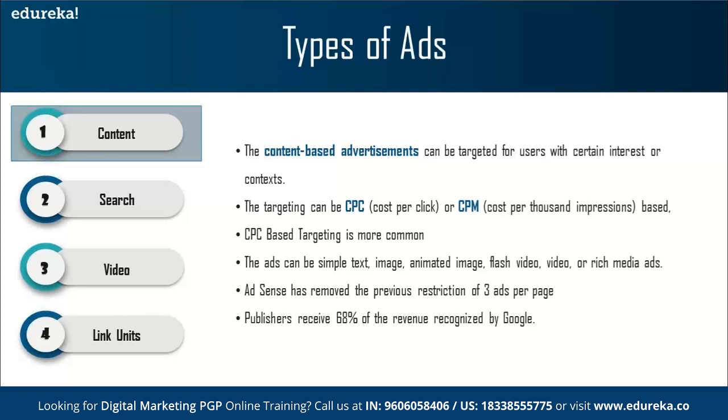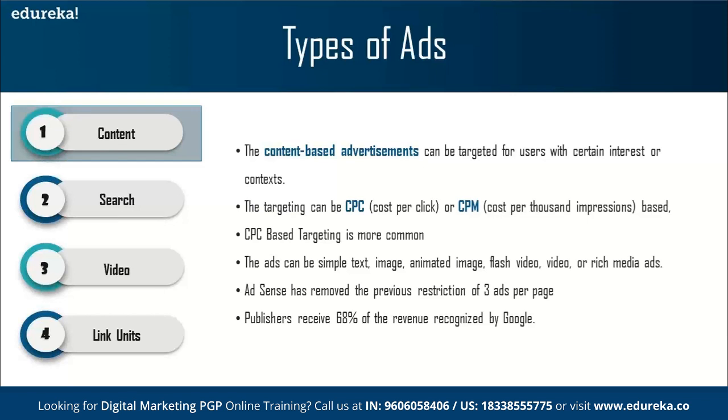You might have seen that when you browse websites, you see a lot of ads depending on your interest areas. The targeting can be either cost per click or cost per thousand impressions, which is called CPM. CPC based targeting is most common. This is applicable for Google search ads as well, and for the AdSense network as well.